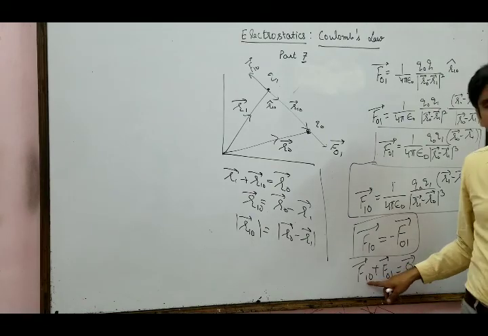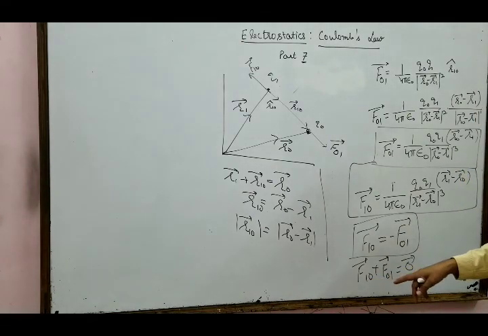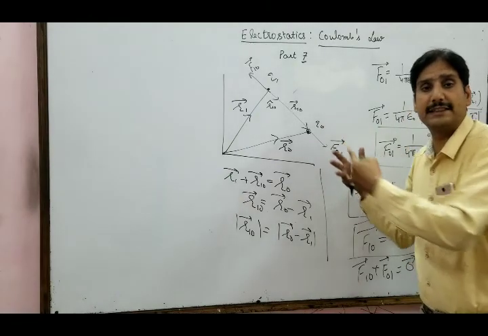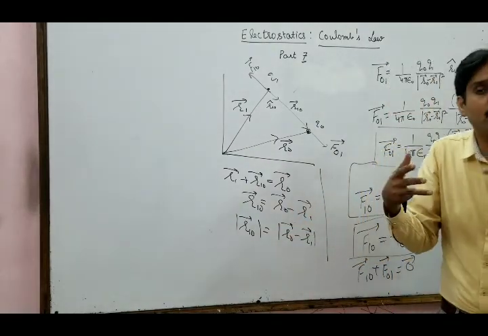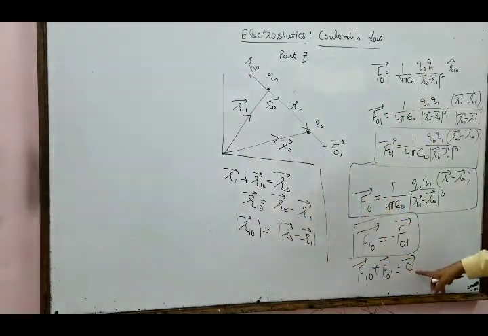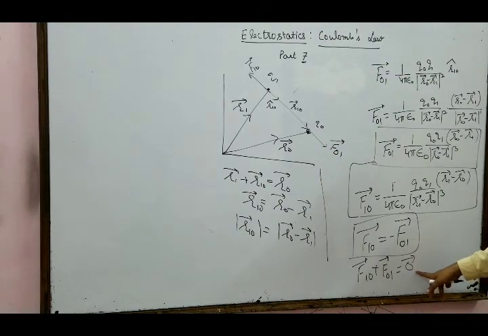And another way of looking at it is that the sum of two internal forces is zero. These are internal forces. Q1 is exerting on Q0 and vice versa. The sum of those two internal forces is a zero vector. So this is the first part which I wanted to solve.